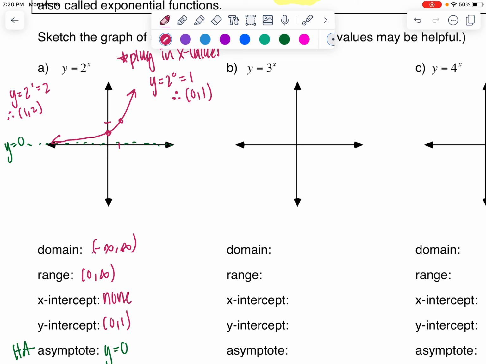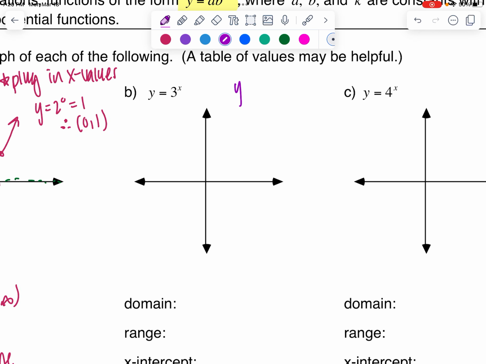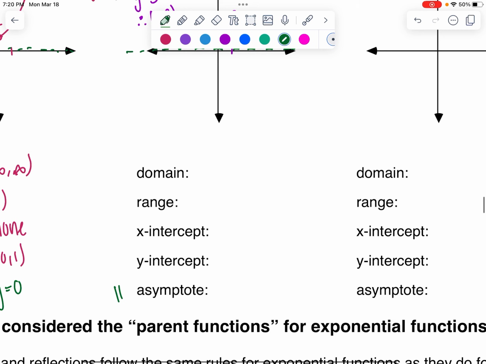All right, same exact thing for part B. I'm going to plug in my x values as well. So I have y is equal to 3 to the 0 power. That's also 1. So I have 0, 1. Then I have y for, let's say, 1 for x. That's going to be 3. So I have 1, 3 as my other point. Same exact thing, my horizontal asymptote is at y is equal to 0.